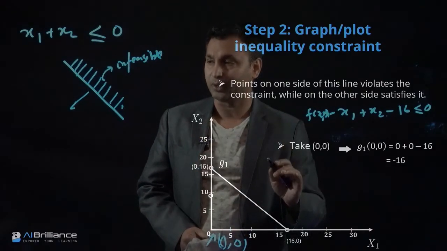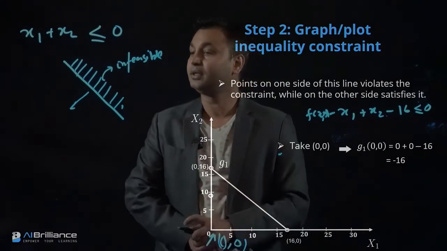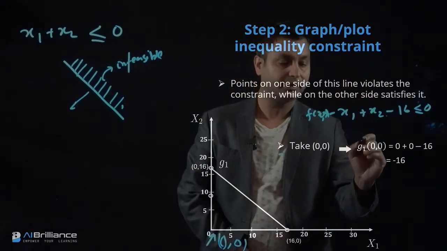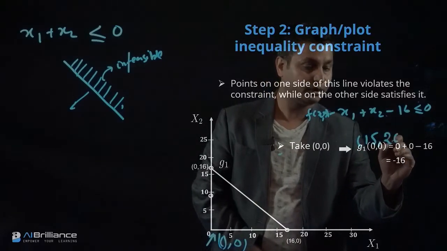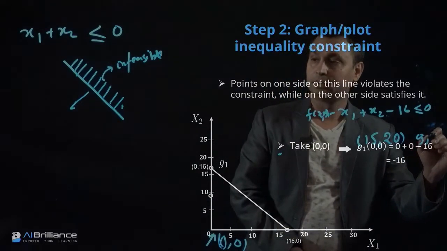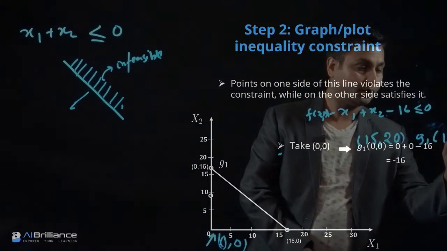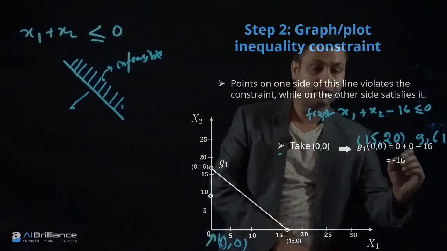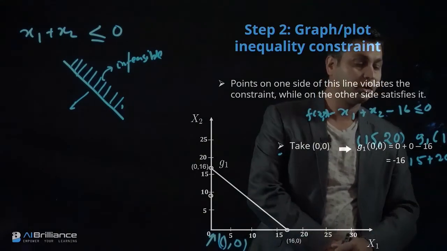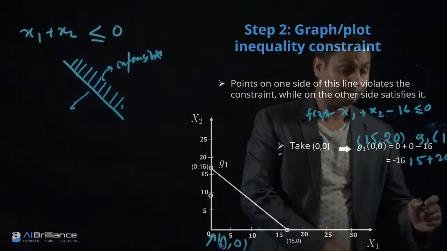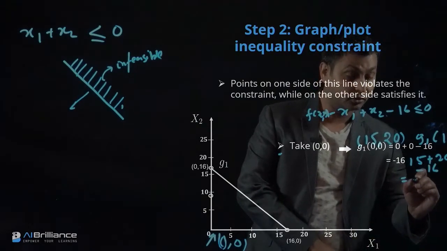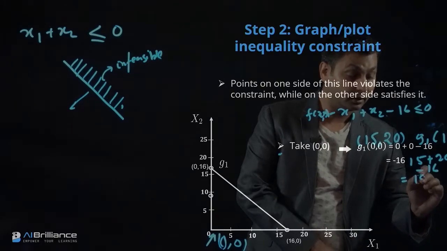Whereas if I pick any point, let's say something like here, which is (15, 20), and I substitute (15, 20) in g1, we will have 15 plus 20 minus 16, which is 35 minus 16, and that is equal to 19.